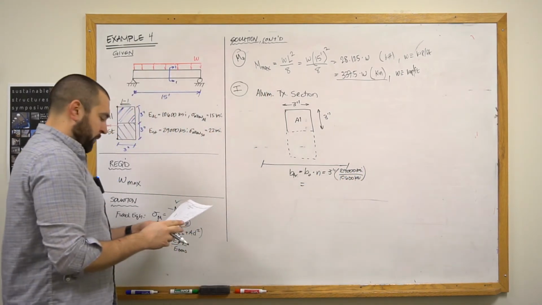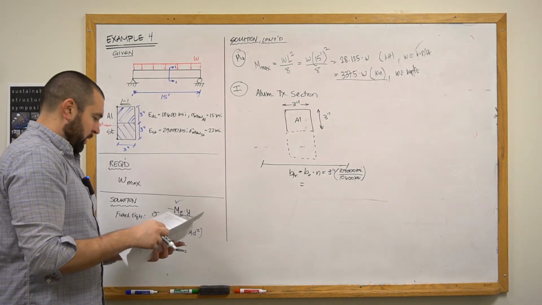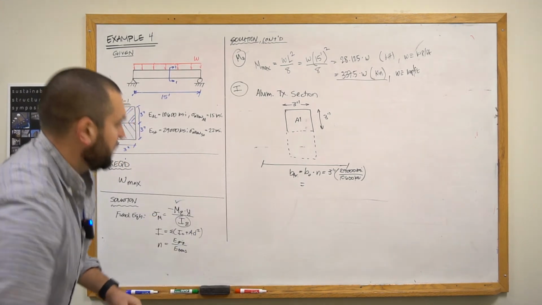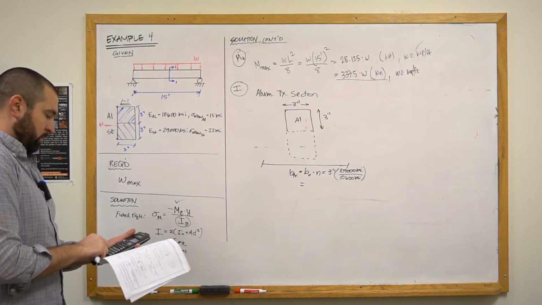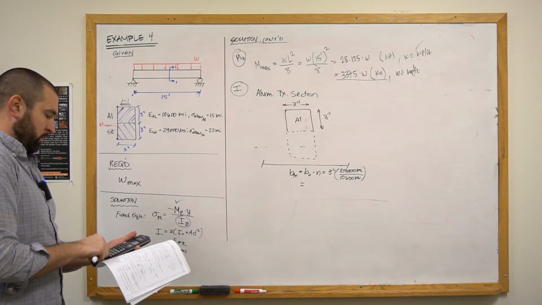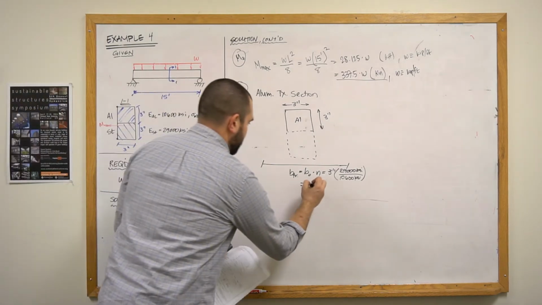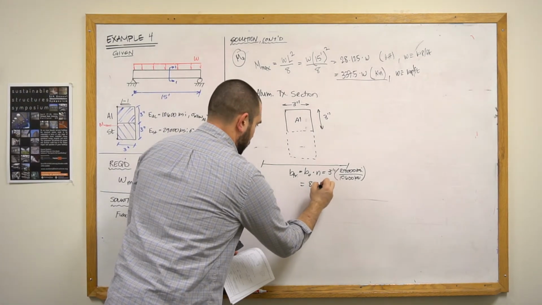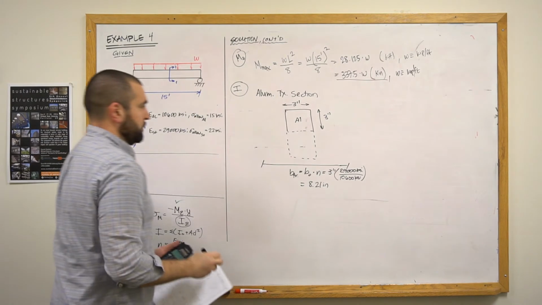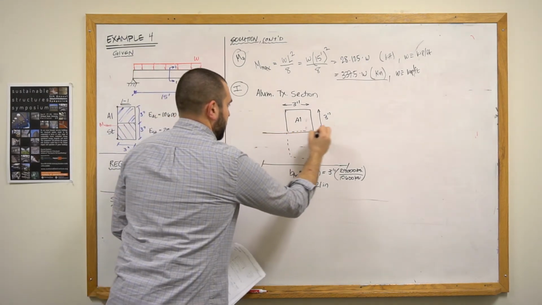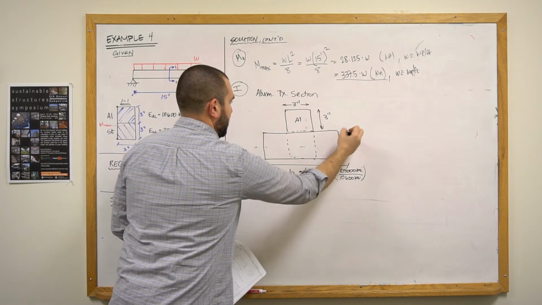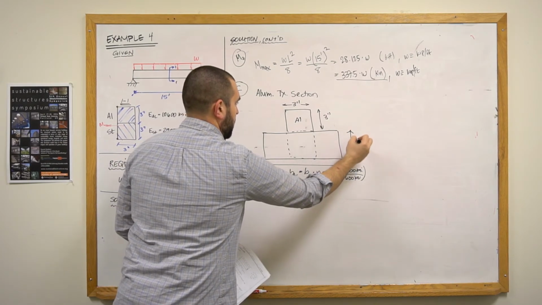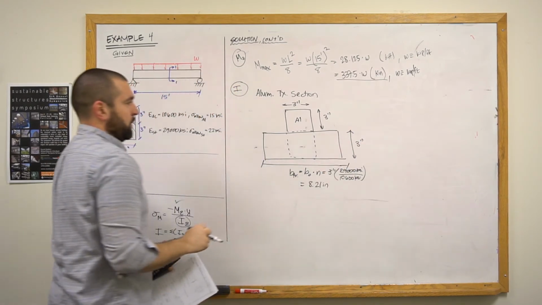Let's calculate this really quick, and I get that the transformed width is going to be equal to 8.21 inches. We don't change the height. The height stays the same at 3 inches.